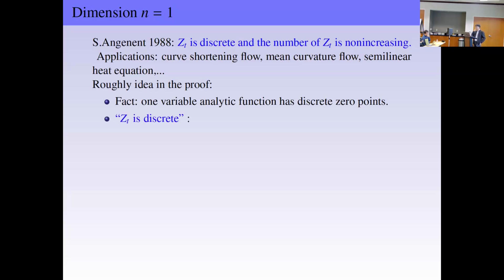So we need to use this fact. If we want to prove that the nodal set at a time slice is discrete, we can argue by contradiction. Assume there is some non-isolated point, then we can blow up at that point.